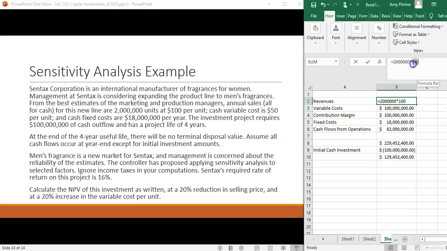So we're going to reduce our sales price by $20 down to $80. That changes all of our numbers and gives us new cash flows from operations of $42 million, which reduces our net present value. All of the other calculations are exactly the same.